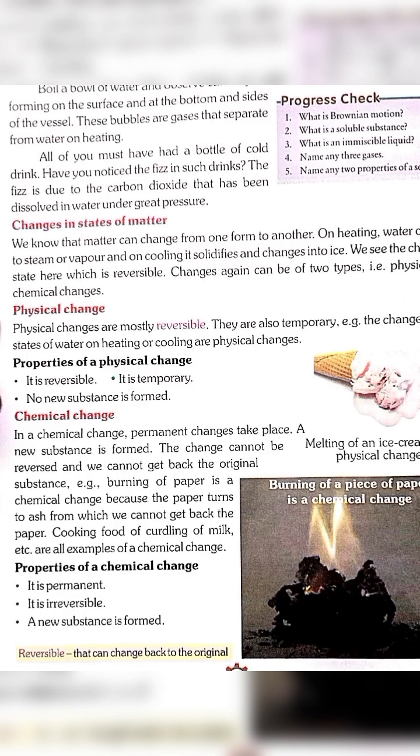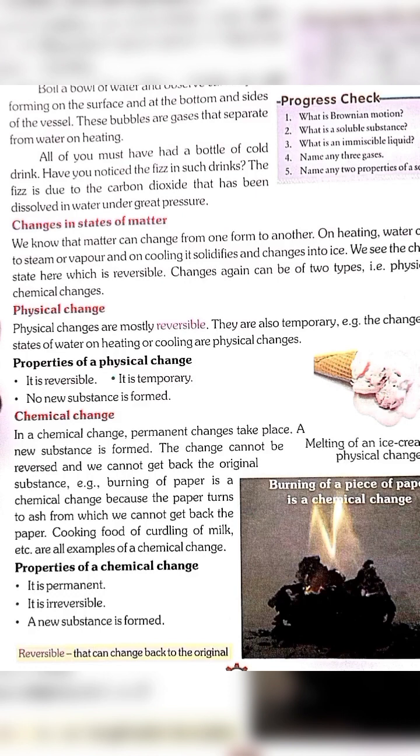All of these are physical changes. The properties of a physical change: it is reversible, temporary, not permanent, and no new product is formed. It is only an outside looking change.